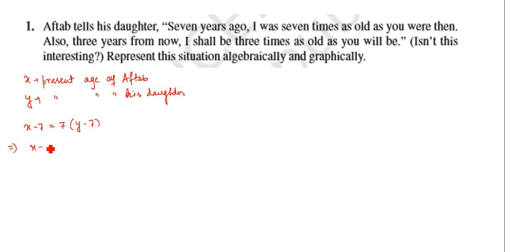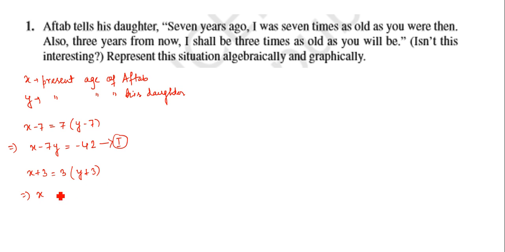So by simplifying we get x minus 7y equal to minus 42. This is equation number 1. Now in the next case, 3 years from now Aftab will be x plus 3, which will be 3 times as old as his daughter, that is y plus 3.